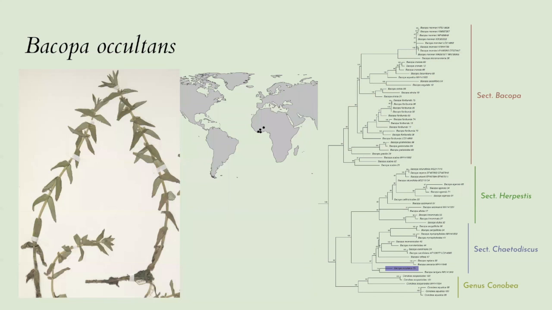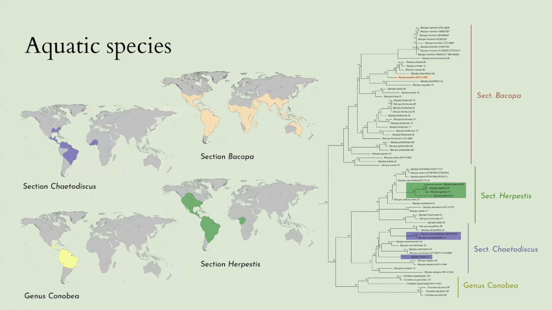And Bacopa occultans, not a widespread distribution, and that would be a unique dispersal into Africa from South America, from section Chaetodiscus. Another question moving forward is the origin of some aquatic species. So lots of these aquatic species, some very aquatic, some a little bit more mildly aquatic, arising independently at different times and places in the genus Bacopa.